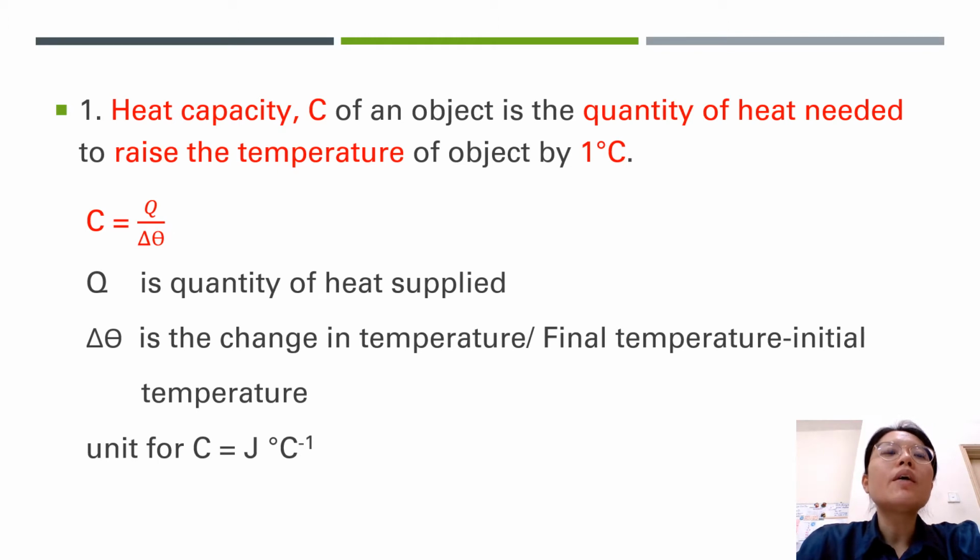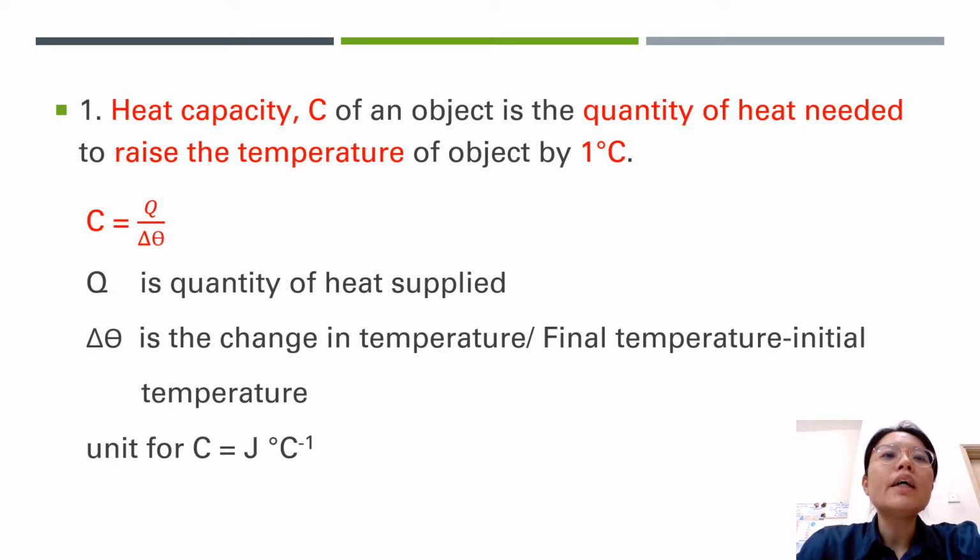What is the meaning of heat capacity? Heat capacity is represented by the capital letter C. The heat capacity of an object is the quantity of heat needed to raise the temperature of the object by 1 degree Celsius. Therefore, we have a formula whereby capital letter Q represents the quantity of heat supplied.